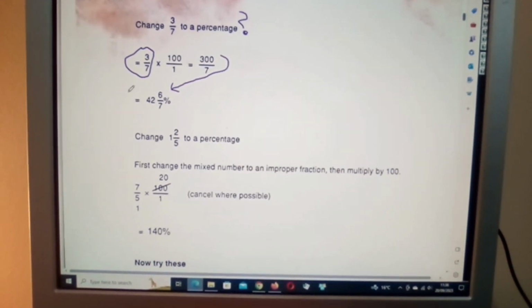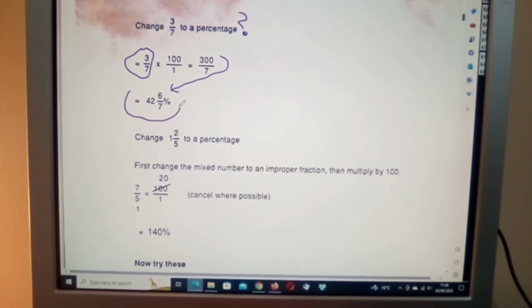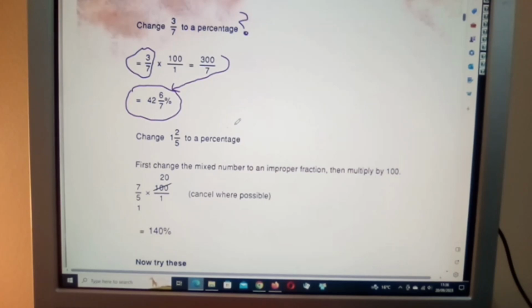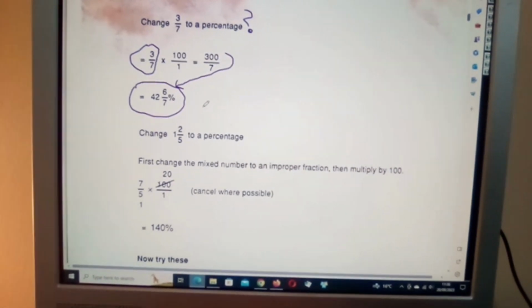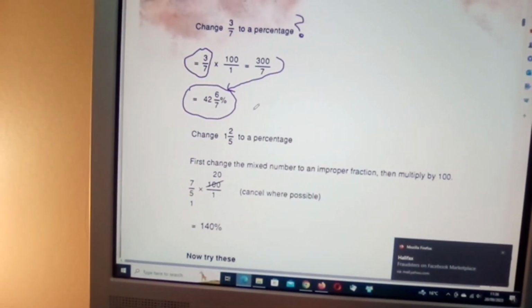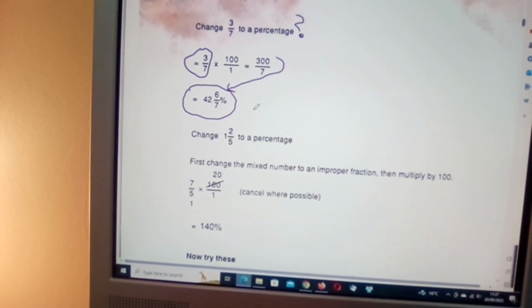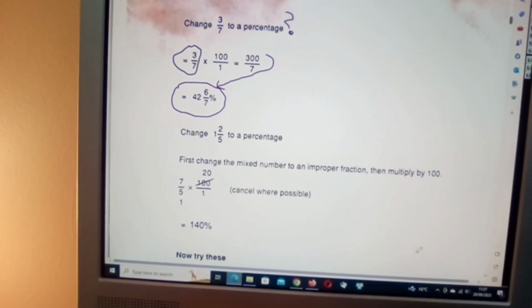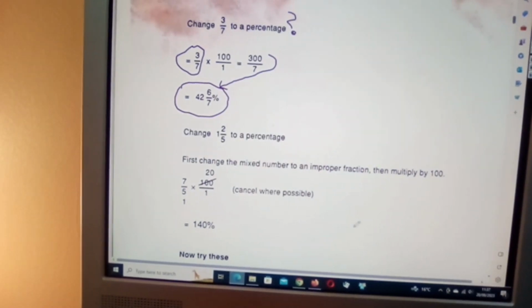But we don't really get 42 and 6/7, do we? So what do we need to do here? So what's wrong with this?